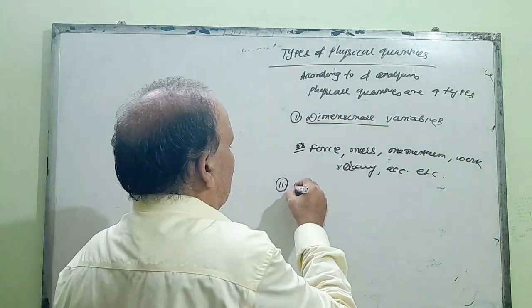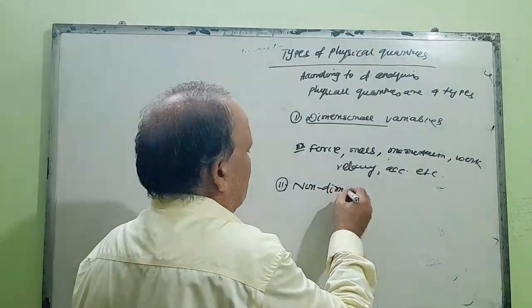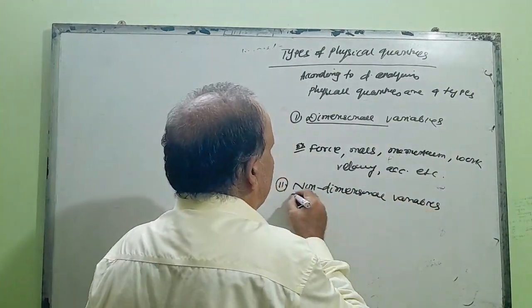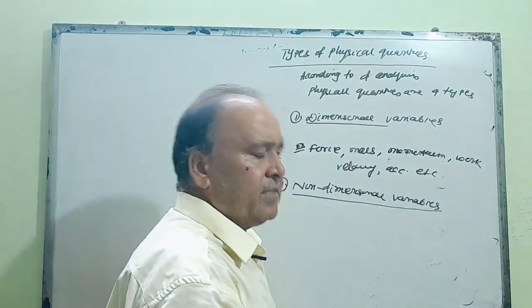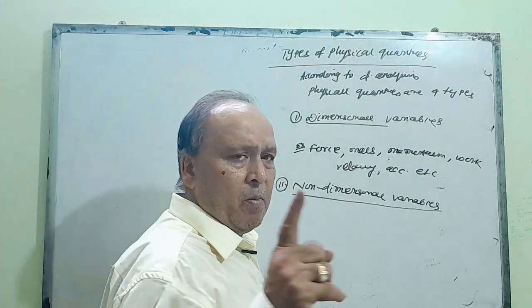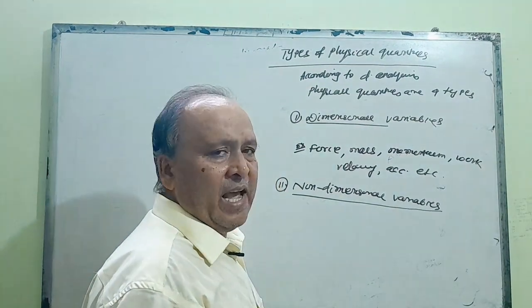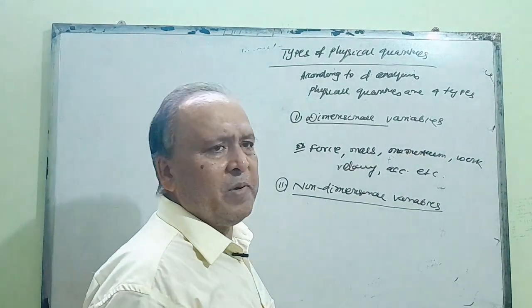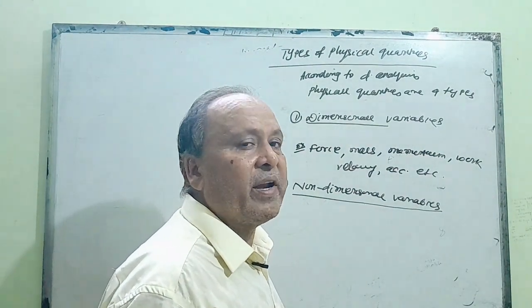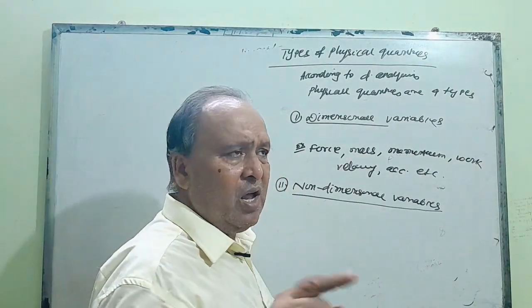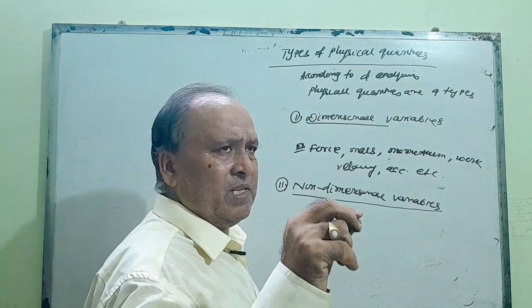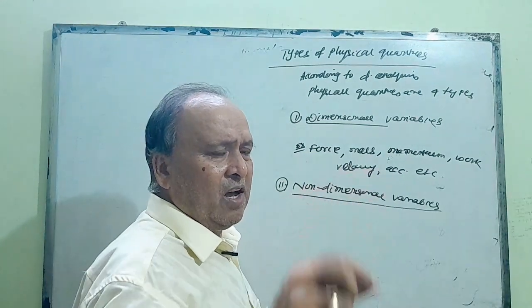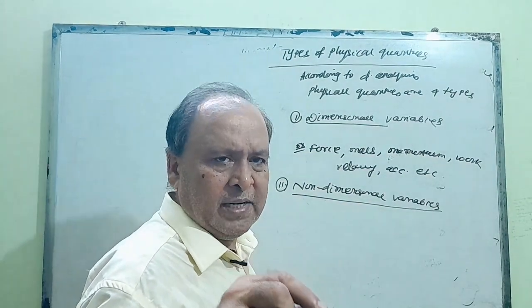Second one is your non-dimensional variable. What are non-dimensional variables? These are the physical quantities which have variable magnitude, but they have no dimensions, because these physical quantities are pure ratio. What is a pure ratio? Those physical quantities are expressed in terms of a fraction, but numerator and denominator have the same physical quantity.